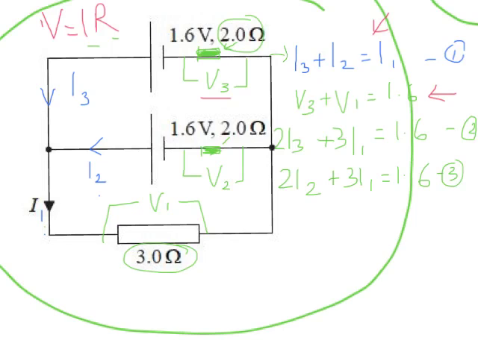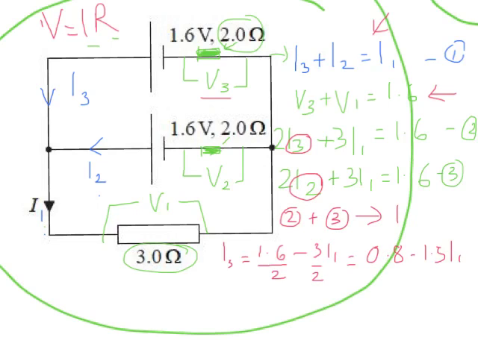Now what we're going to do is substitute equations 2 and 3 into 1 by making I3 the subject of the equation here and I2 the subject of the equation. So let's do that.